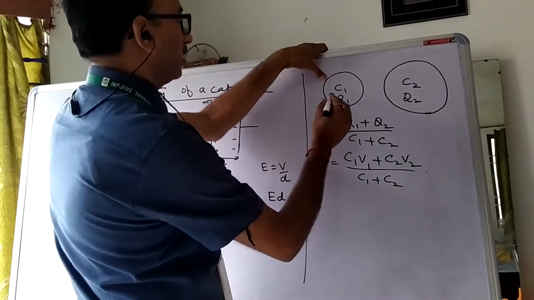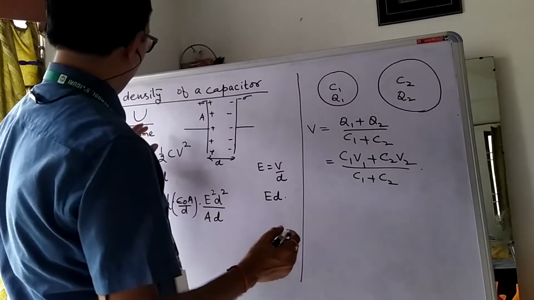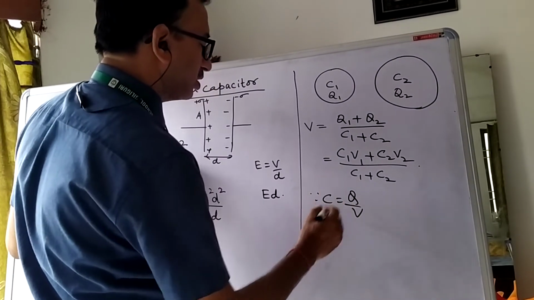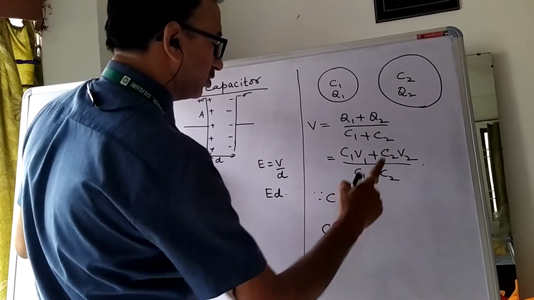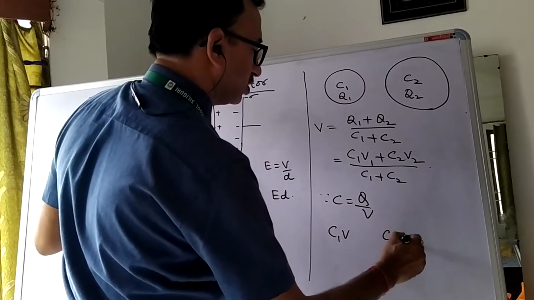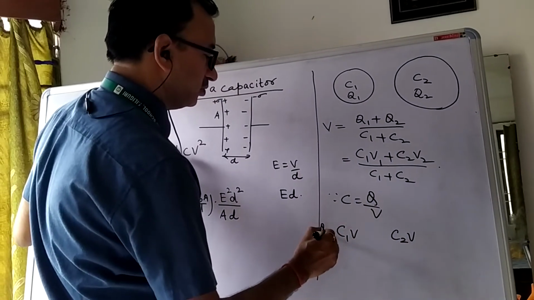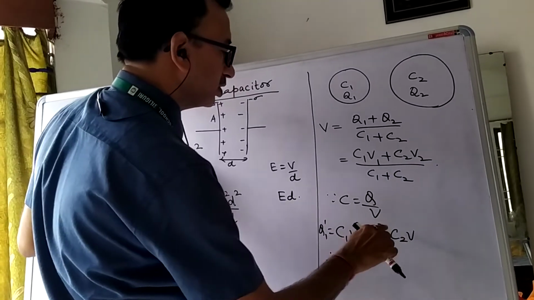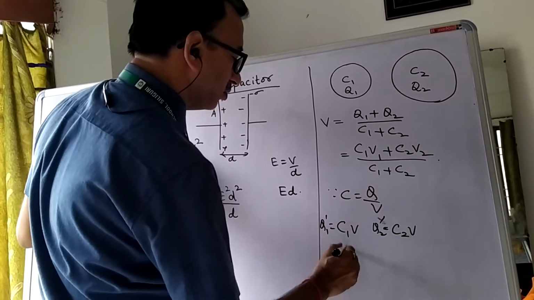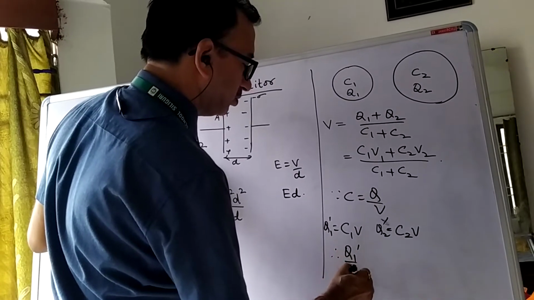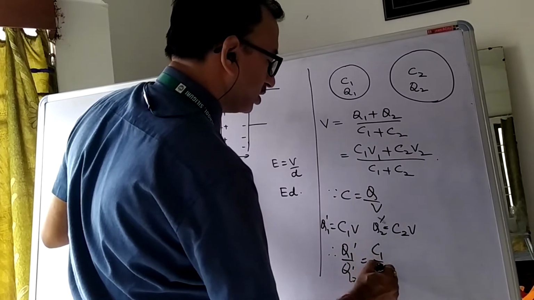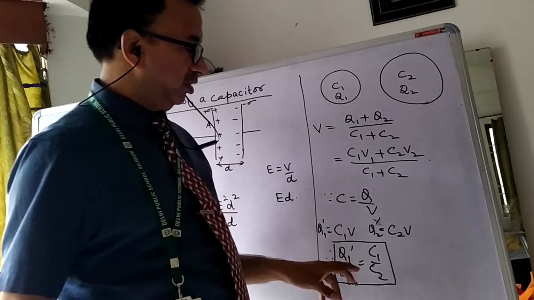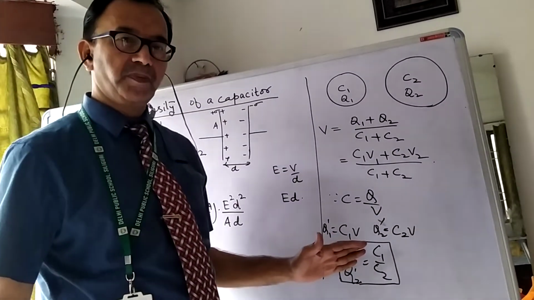We know that C equals Q by V, so the charge on the first will be C1V, and on the second it will be C2V. This is your Q1 dash and this is your Q2 dash. So what will be the ratio? Q1 dash by Q2 dash will be C1 by C2. So the distribution of charge on two capacitors will be in the ratio of their capacitance, right?